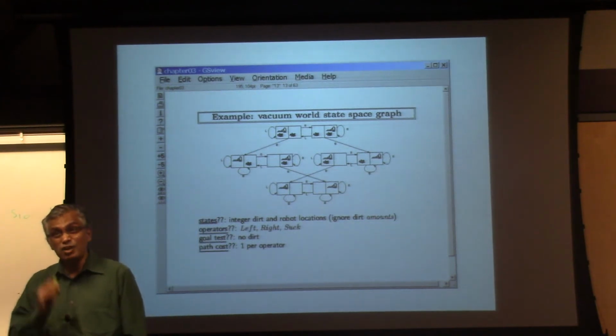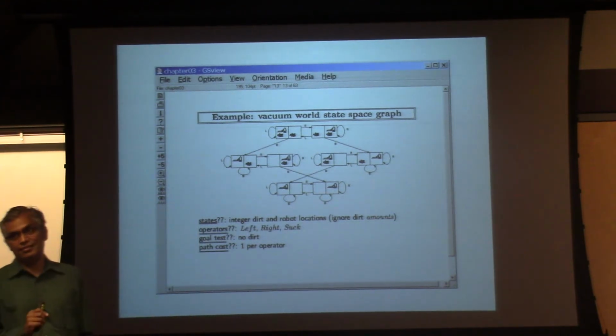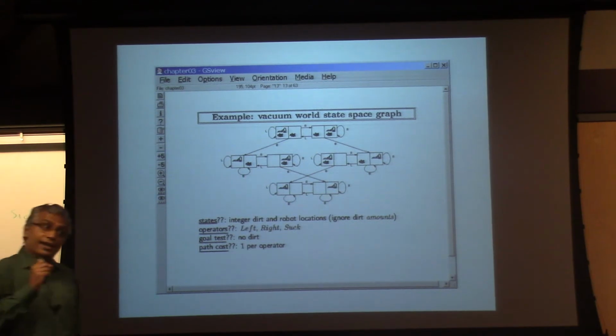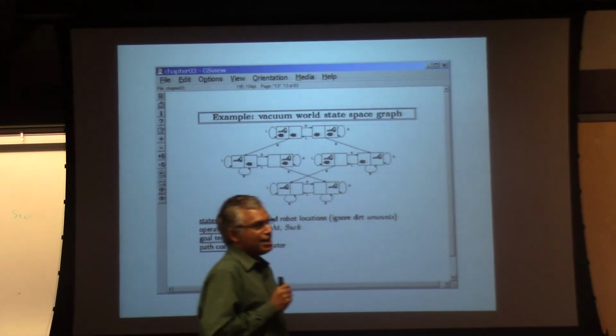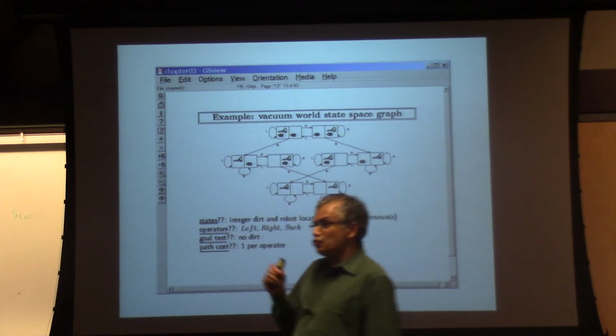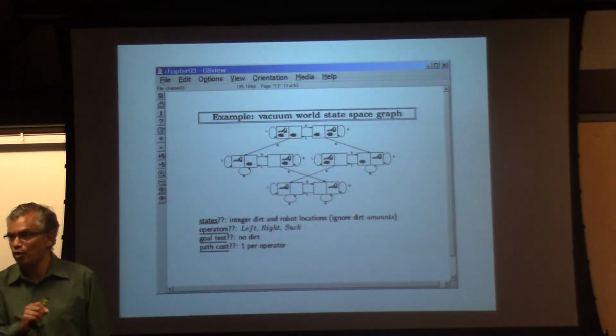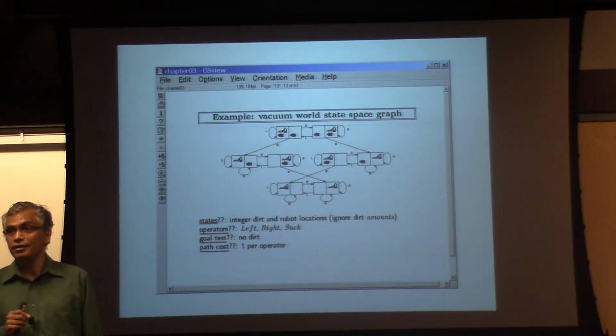Oftentimes, you may not know the exact distance from here to the goal, but you might know an approximate bound on the distance. If it turns out that your bound can be proven to be a lower bound, that means the real distance can never be less than the bound you started from.